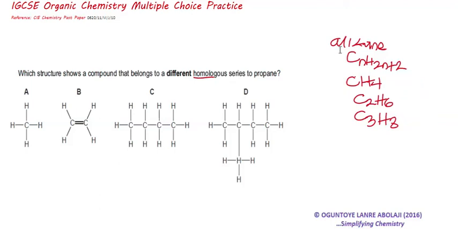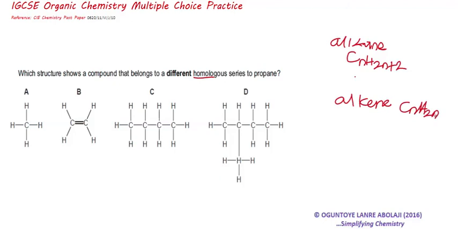So we can look at another homologous series, let's take alkene as a family. Alkenes have the general formula CnH2n. The first member of that family is ethene, C2H4.